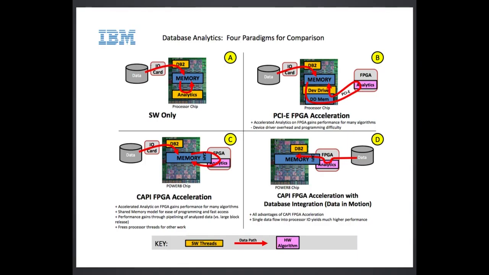So this would be FPGA acceleration without CAPI. CAPI makes all of this easier by extending the memory over here, making the calls back and forth much simpler. But this is where it's going, and this is where CAPI and analytics is all going to take off.